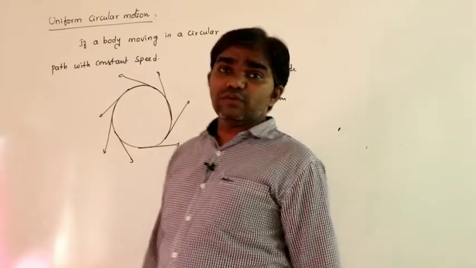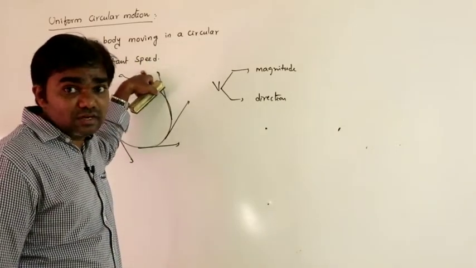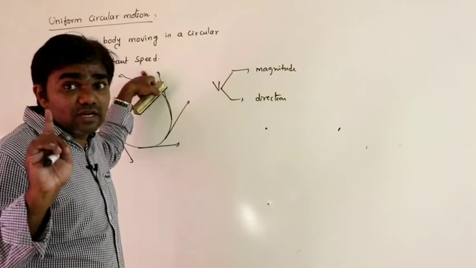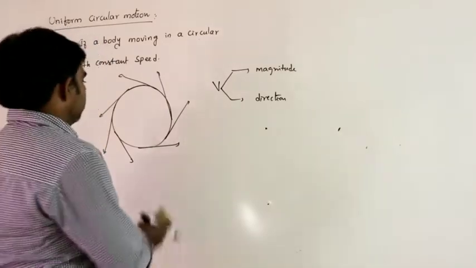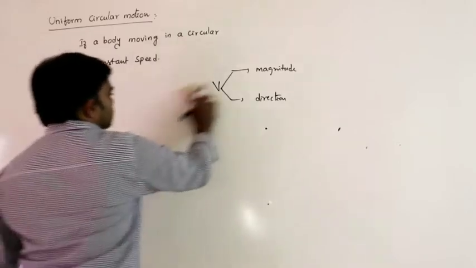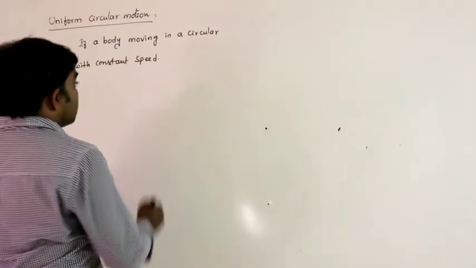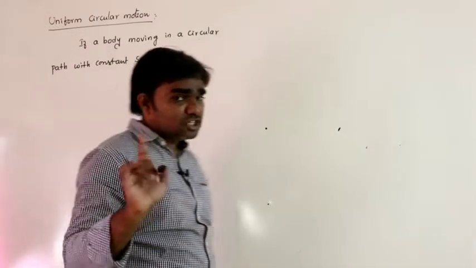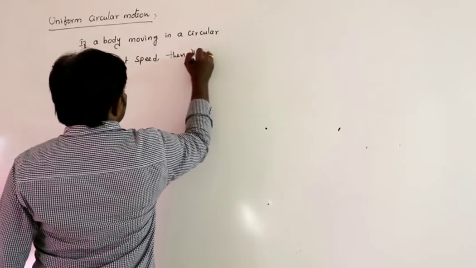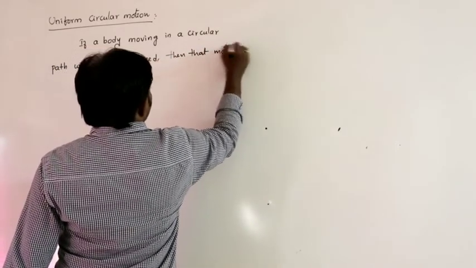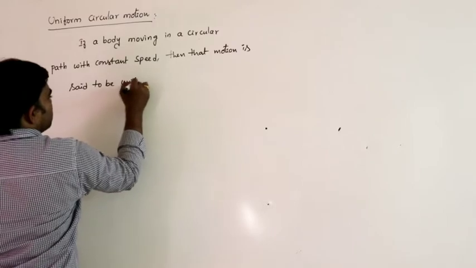So if a body moves in a circular path with constant speed, meaning the magnitude remains constant while the direction does not, then that motion is said to be uniform circular motion.